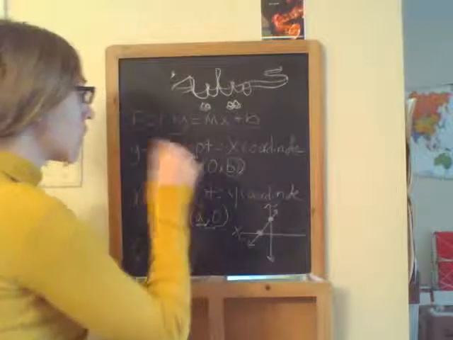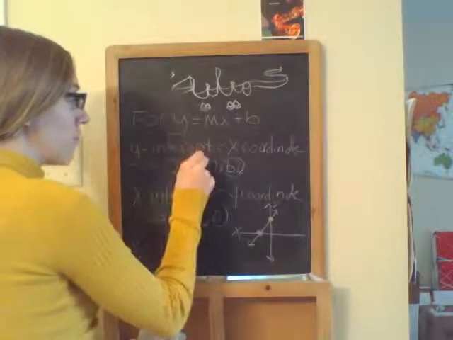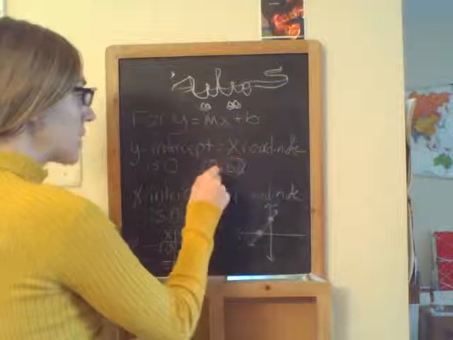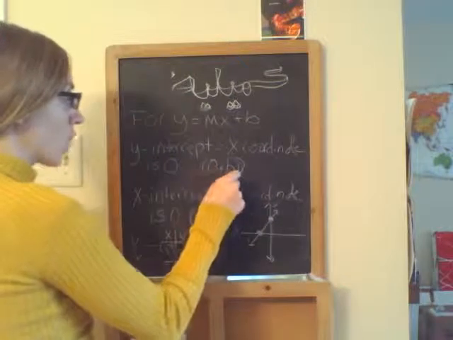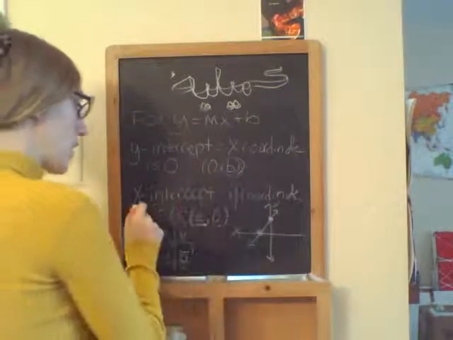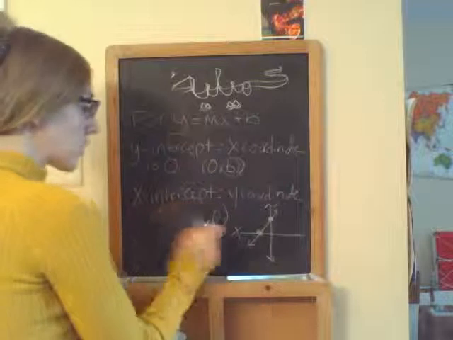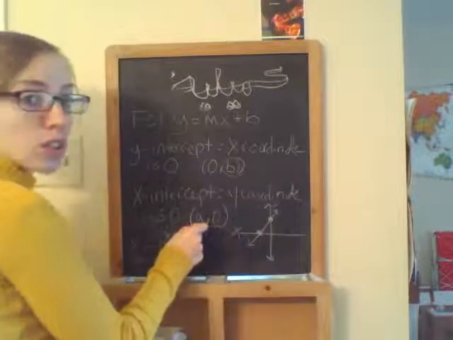So if you're going to solve for your y coordinate, x is going to be placed as 0, and you're going to solve for y. And if you're going to do the x-intercept, the y coordinate is going to be 0, and you're going to solve for x.